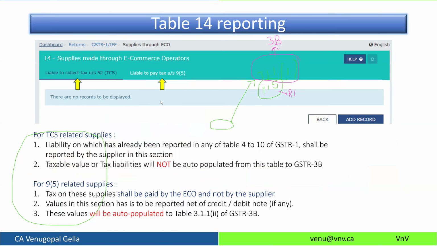In that you have to report the turnover on which the e-commerce operator has collected TCS. So you can show that, and if it matches, there will not be a problem. This is my view. This is what Paul sir is saying for table 14. Liability to collect TCS is one reporting, liability under 9(5) is another reporting. This is what the original supplier does the reporting.